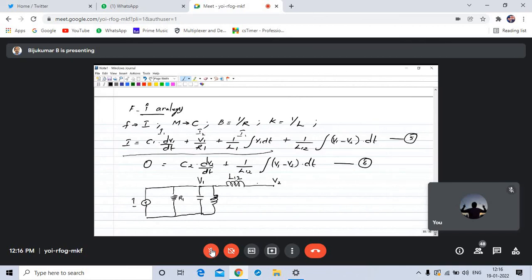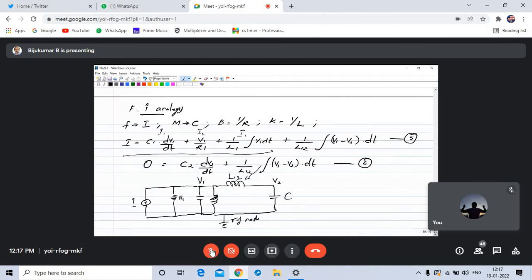So what about the second part, for equation 6? Anyway, this we already got. We connected L12 in between 1 and 2. And there will be a capacitor C2 with respect to 0. So this will be our reference node.